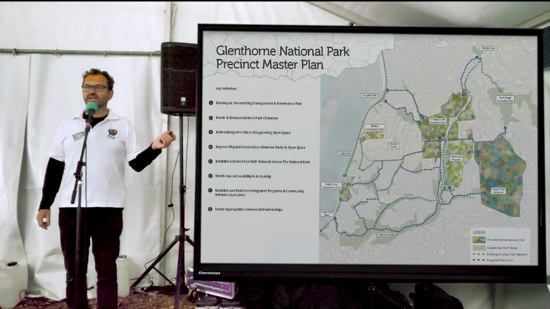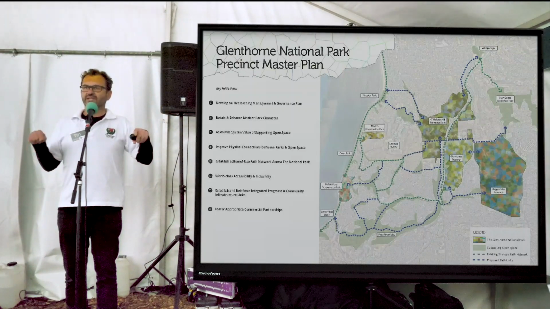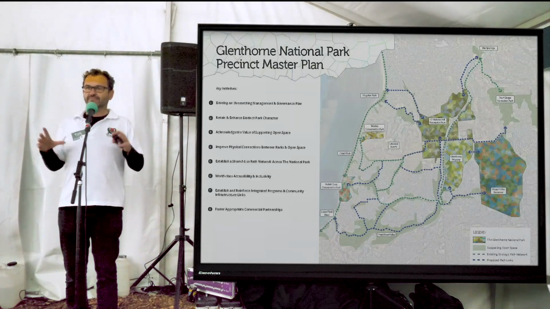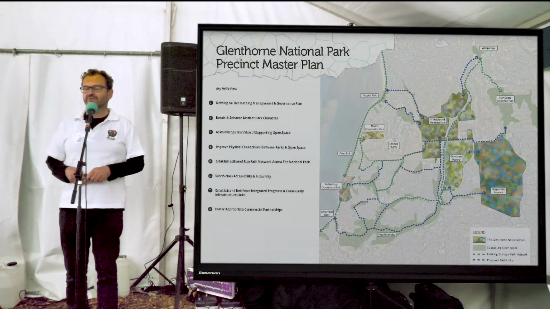What's important to understand is that there's a lot of other open space areas that will provide connections between those parcels of land that will all help to form part of this greater improved environment and biodiversity precinct.